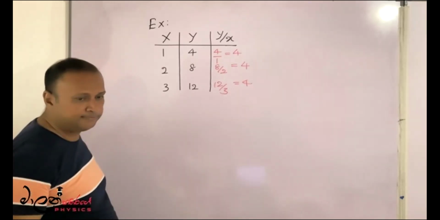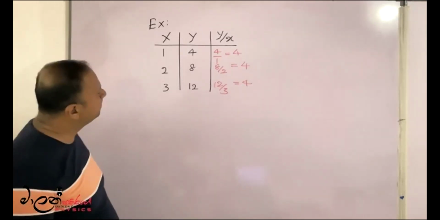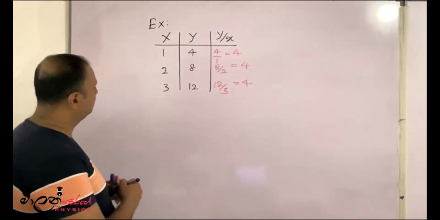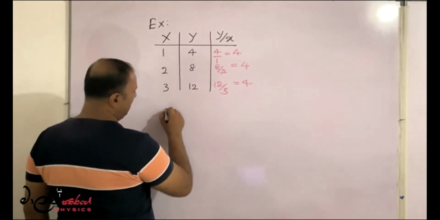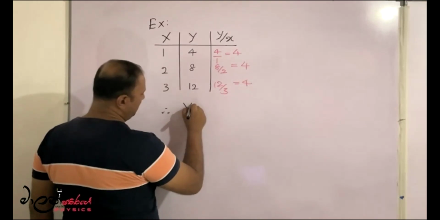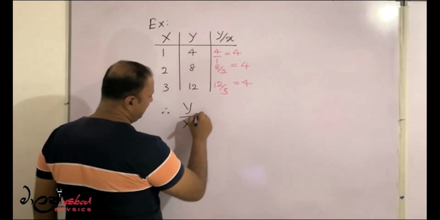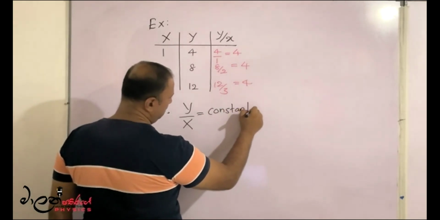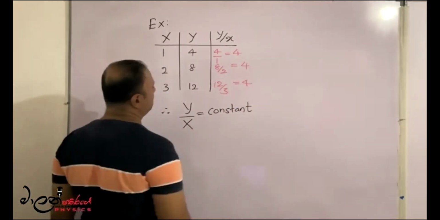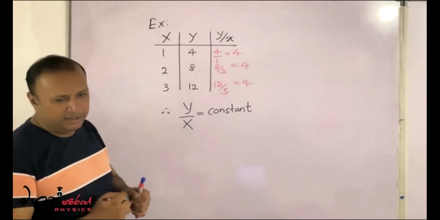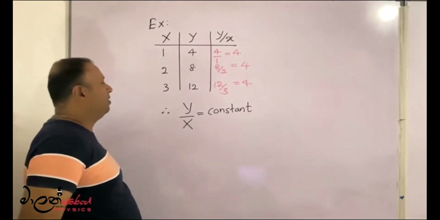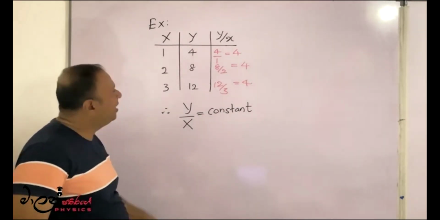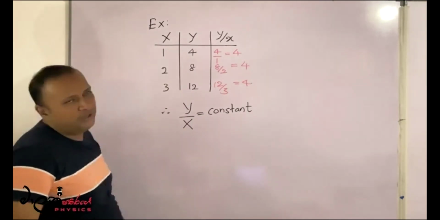Therefore, y over x is a constant. Okay. Actually, when y over x is a constant, it is very clear that when x increases, y also increases.